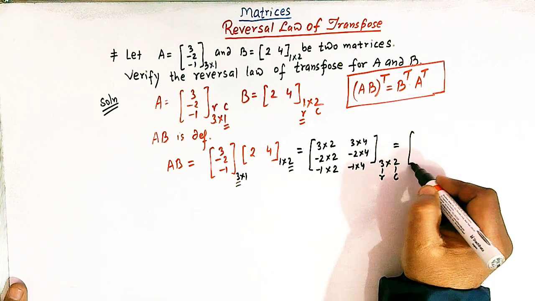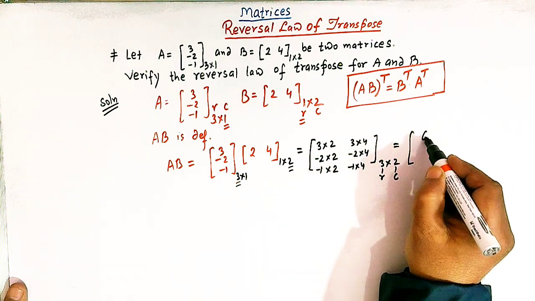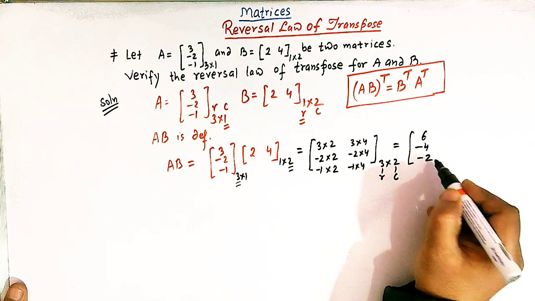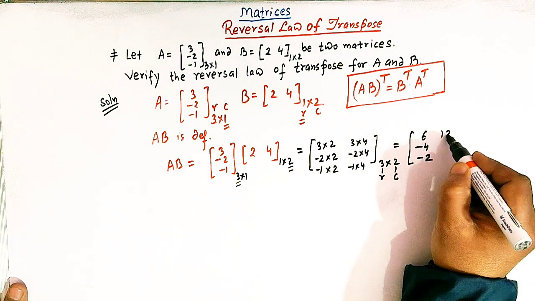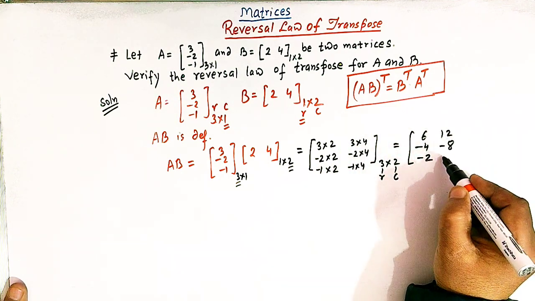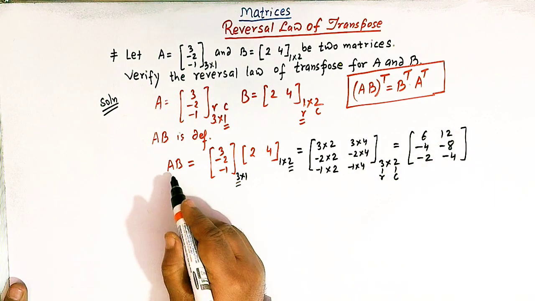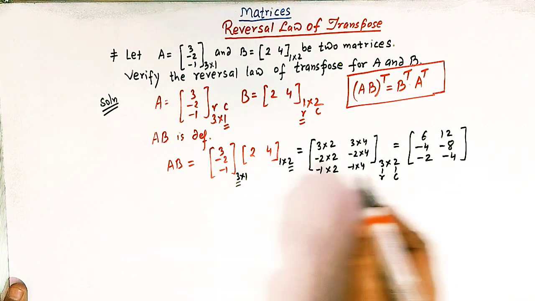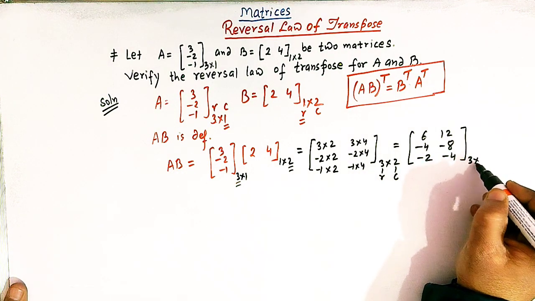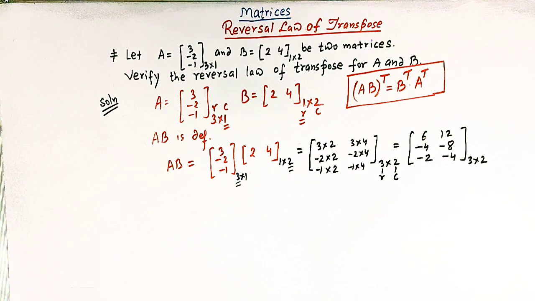So now we have 6, minus 4, minus 2, and here we have 12, minus 8, and minus 4. So the product AB is given by this 3 cross 2 matrix.